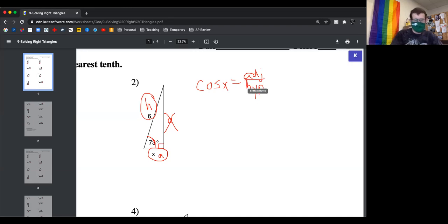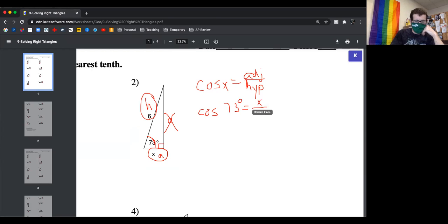And from here, I'm going to plug numbers in. So it's going to be cosine of 73 degrees equals... I noticed I didn't write degrees, but it's just understood it's degrees. Maybe it's better to show that. There it is. So at this point, adjacent over hypotenuse. What's my adjacent side in this problem? X is my unknown.